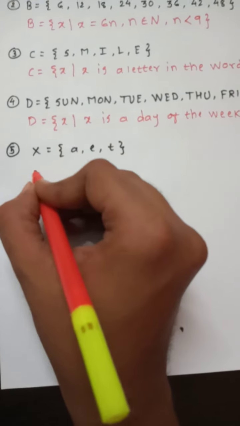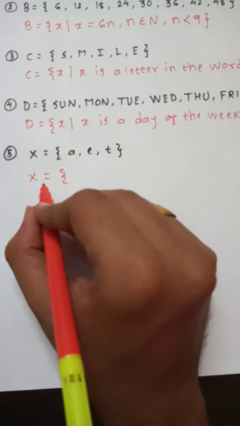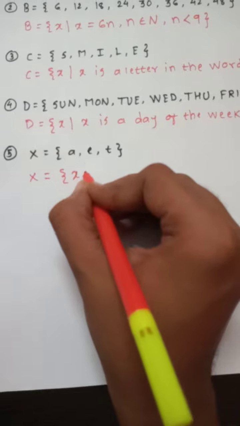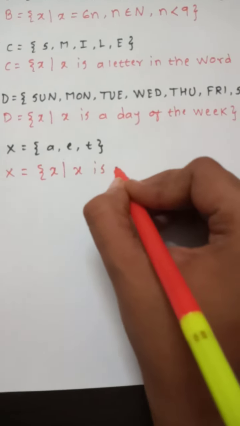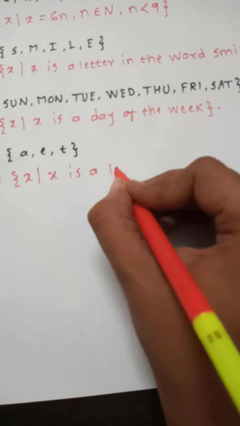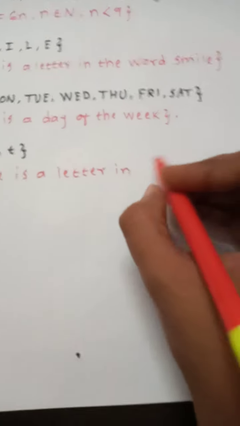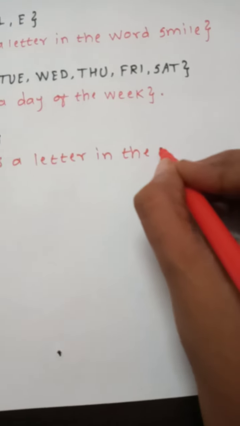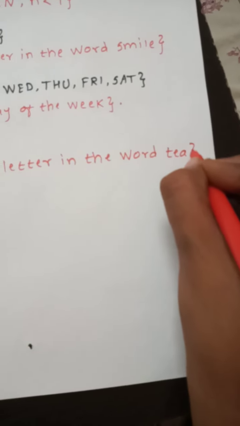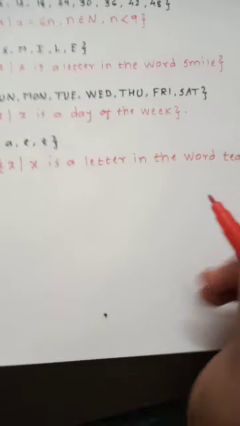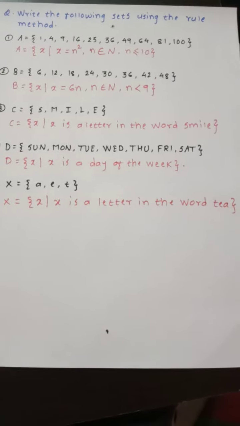So while writing its answer, we can write it as capital X is set of all x such that x is a letter in the word TEA, or EAT also, anything you can write, because these letters are occurring in both of these words.